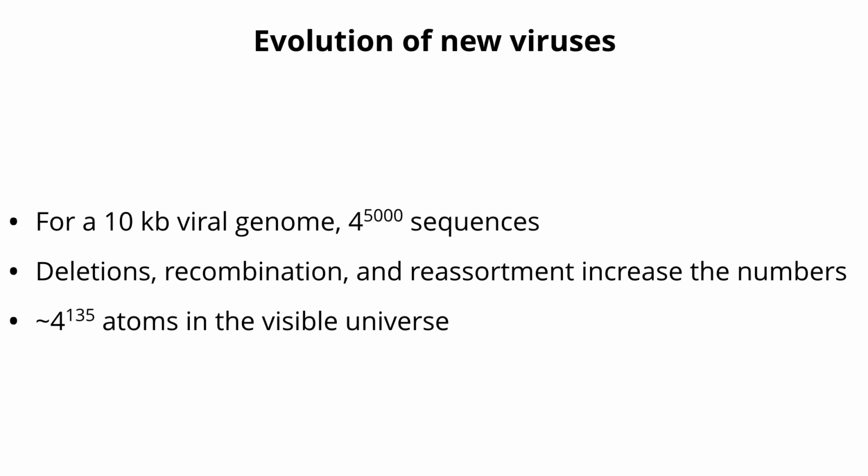But let's say it's 4 to the 5,000. This is a huge number. These are all the different permutations of sequences that we can have. How huge is it? There are only 4 to the 135 atoms in the visible universe. That's a lot. But the possible virus mutations eclipse that by many orders of magnitude. There are lots of possibilities for making new viruses out there.